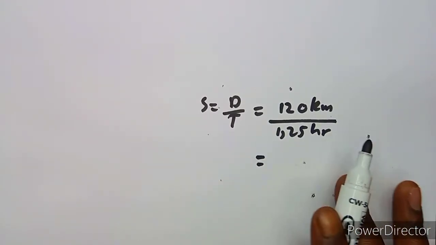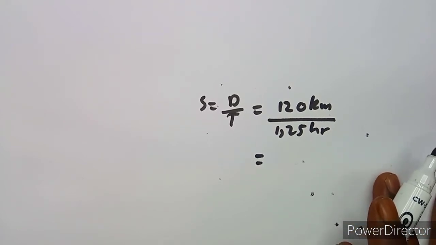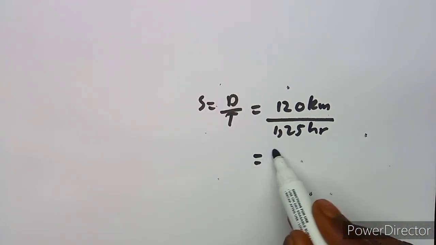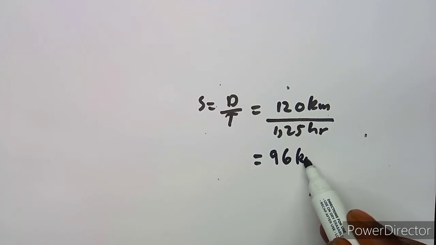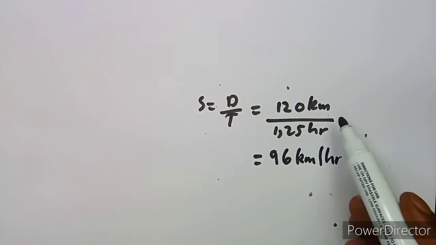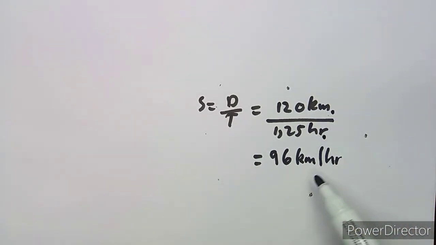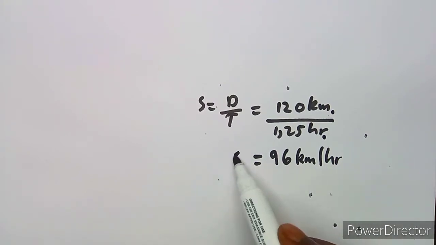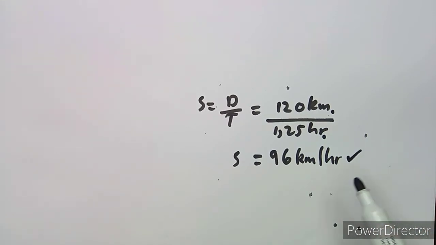This is going to give us 96 kilometers per hour. If this is in kilometers and this is hours, it gives you kilometers per hour as your speed.